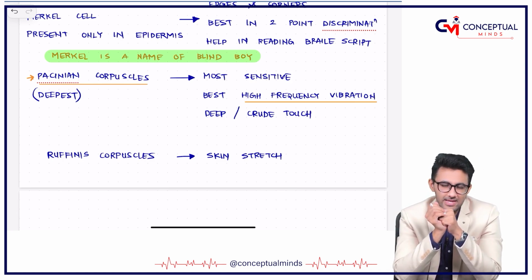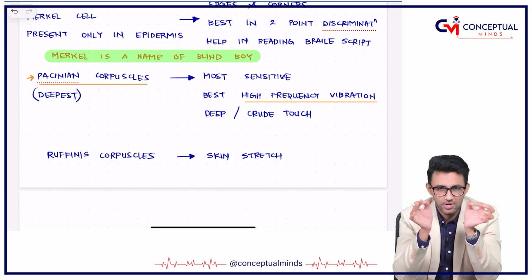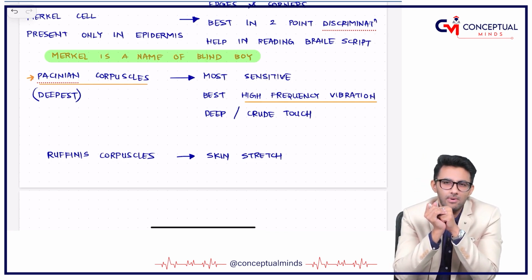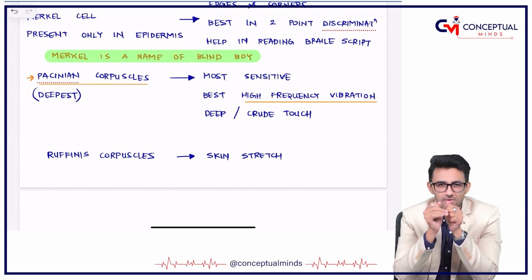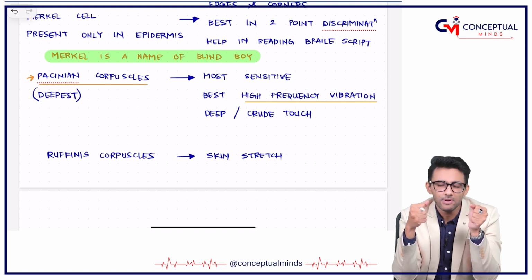That is Ruffini's corpuscle. Where do we use it? This is for skin stretch, and how do we remember this? Whenever we wear jeans, sometimes they get a little bit pulled, right?